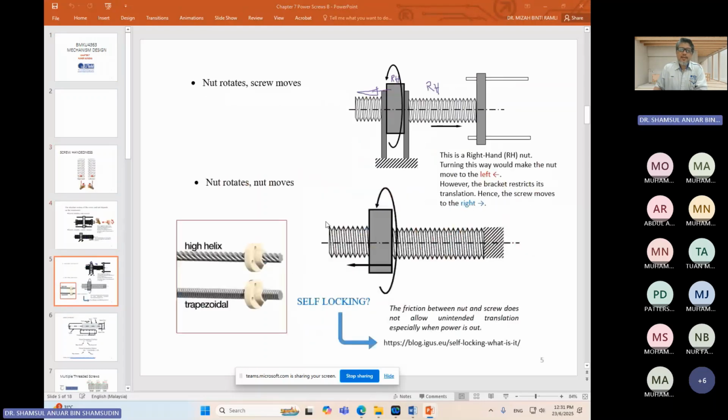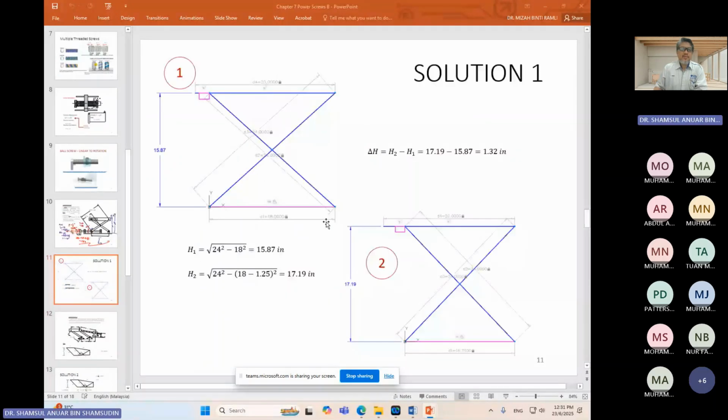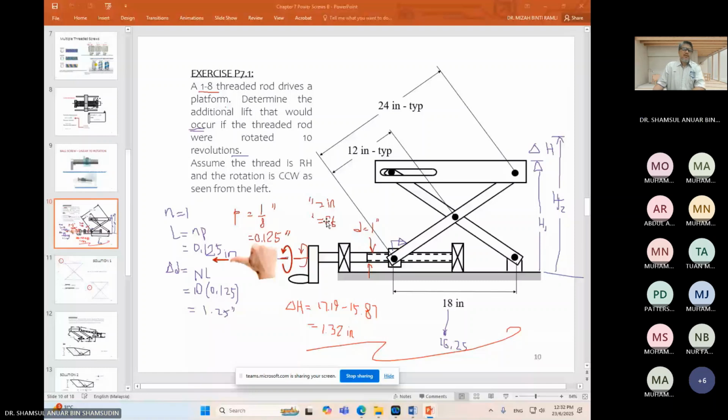Okay, so I want you to look at some of these examples. The question will be something like this. This one will probably require you to understand the geometry involved, because the screw part is just a small part of it.